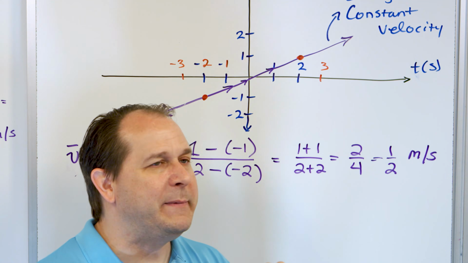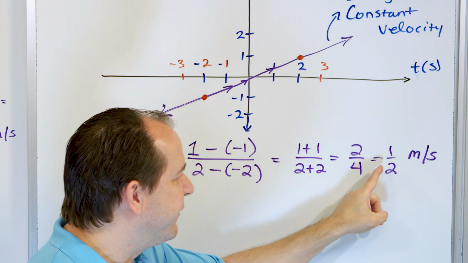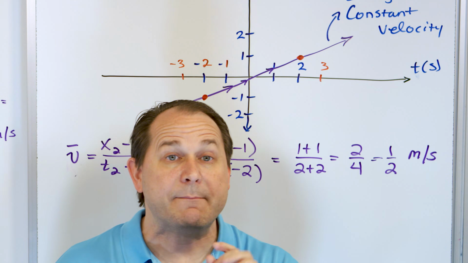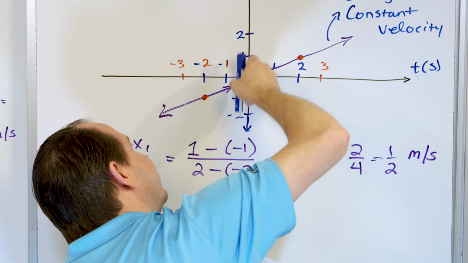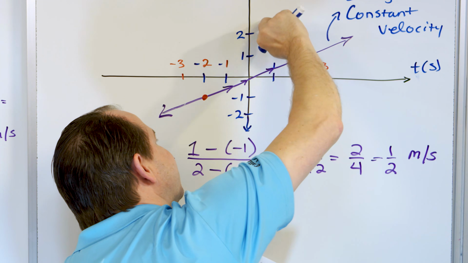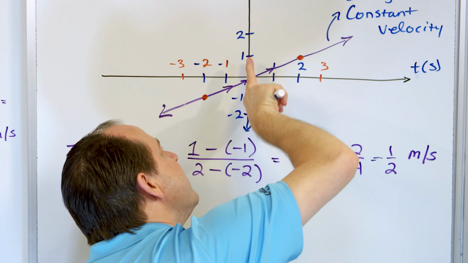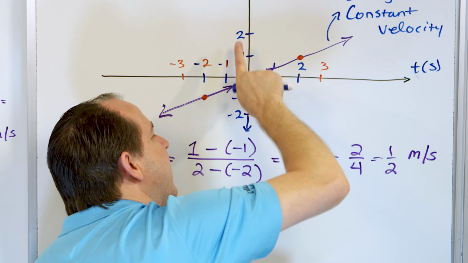Because the 1/2 tells me how fast I'm moving, that's the magnitude. But there is a sign component here. The implied positive sign tells me that I'm moving in the positive x direction. Remember, we're looking at this on its side, so this is a number line. This is the positive x direction. So it's telling me I'm going at a speed of 1/2 meters per second in the positive direction.